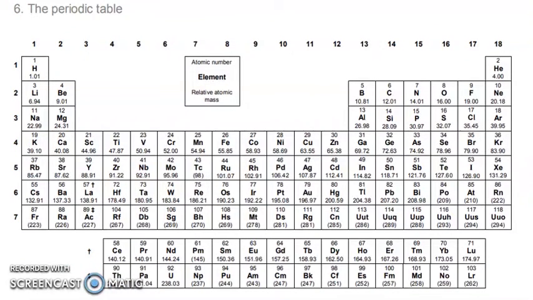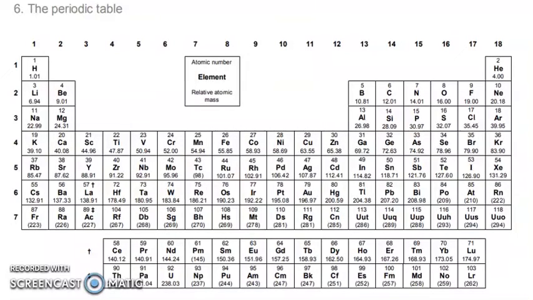So the periodic table. Why did I bring the periodic table here? For example, how do we calculate relative formula mass or molecular mass? It's not given to us in the periodic table like the relative atomic mass. I used sodium chloride in my example.